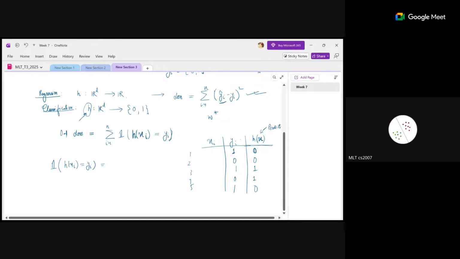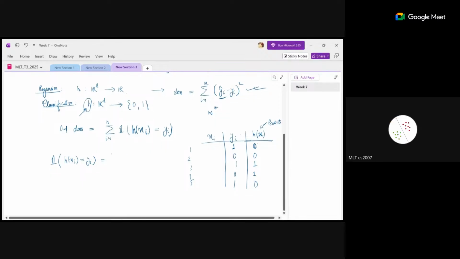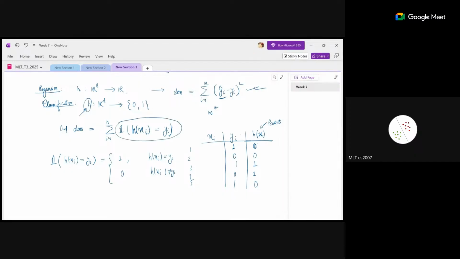Exactly. So if your h of xi is equal to yi, this function will take the value 1, and if h of xi is not equal to yi, it will take the value 0. Okay, so that's what this indicator function means.